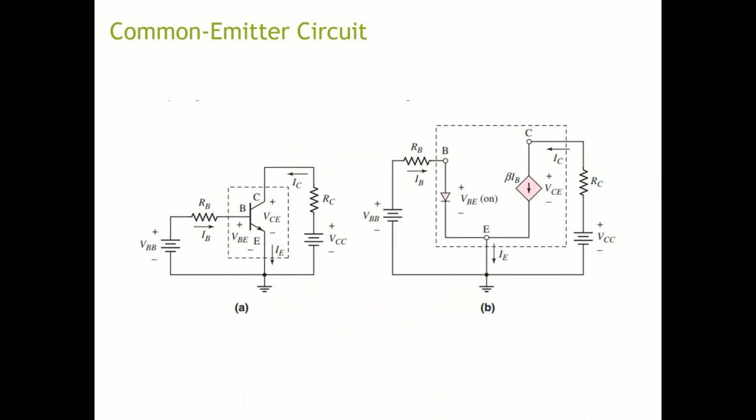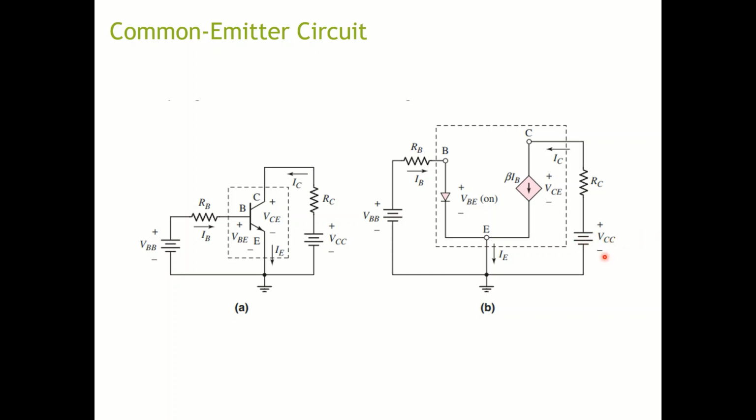Common emitter circuit of BJT. In this diagram, you can see we have two different diagrams here, and we have a BJT in the middle. The emitter terminal is obviously at ground potential.